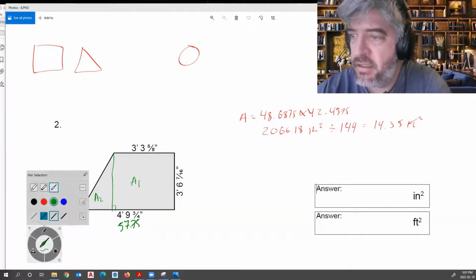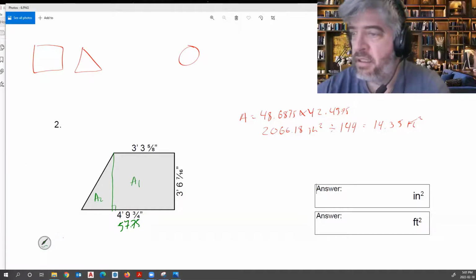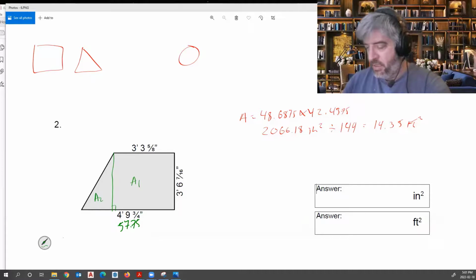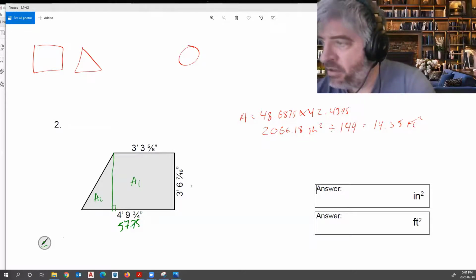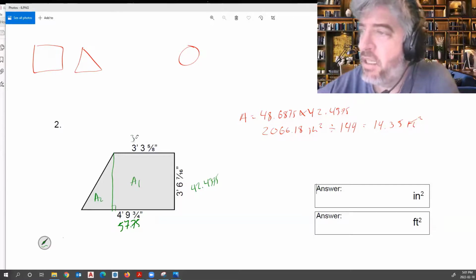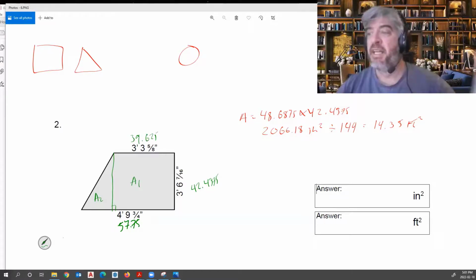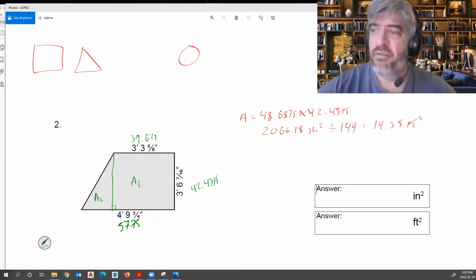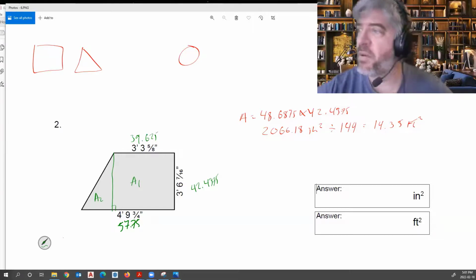My apologies, the right pen there. 7 divided by 16, which means 42.4375. And this one here would be 39.625. Okay, so the little bit of legwork here first is let's work with area 1.